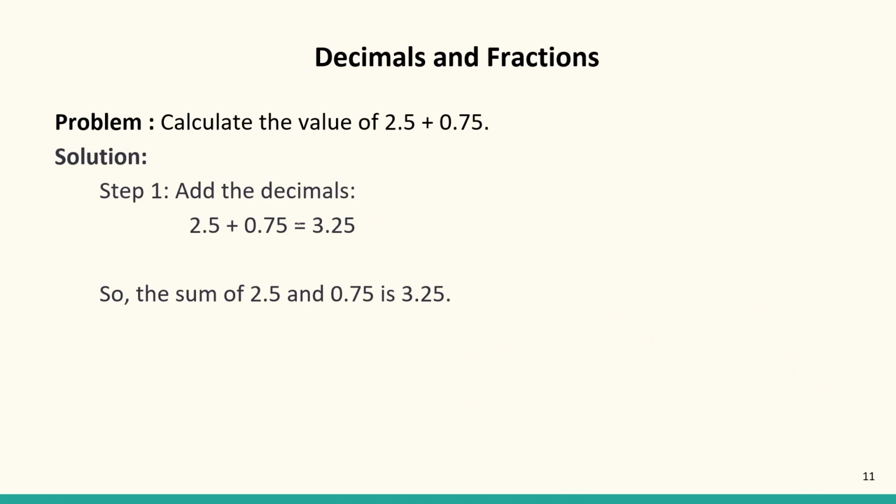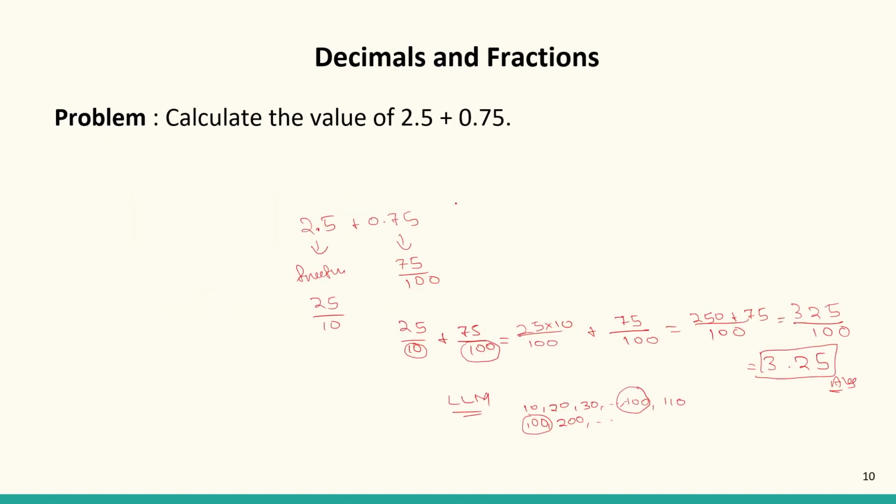Here we can also solve it by adding the decimals directly. So method 1 was the fraction method, and here is method 2. So 2.50 we can write, and 0.75.